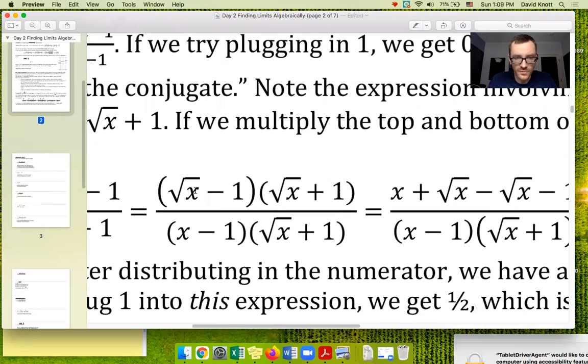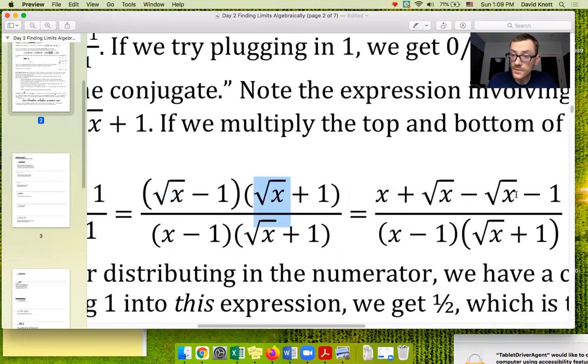So you have to distribute, right? Root x times root x is just x. Root x times 1 is just root x. Negative 1 times root x is negative root x.